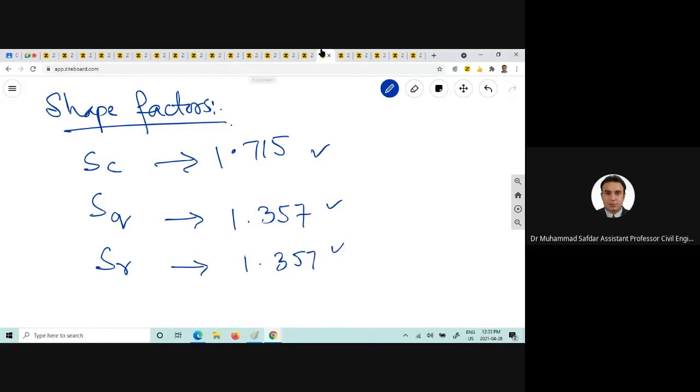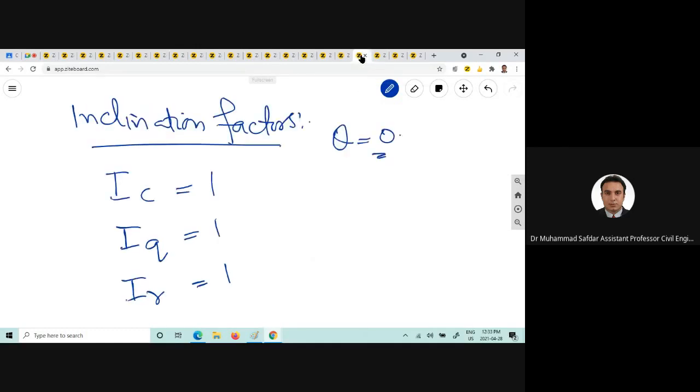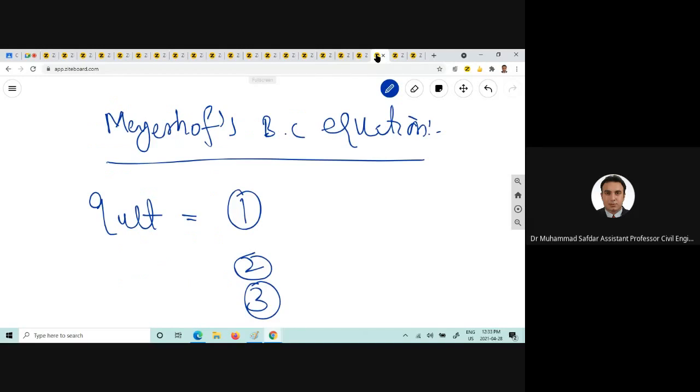Then Sc, Sq, and S gamma values. Here, these are the shape factors. Then these are the values for the depth factors. Inclination factors. Now we need to find out the Meyerhof bearing capacity. We use the Meyerhof bearing capacity equation and we will find out the bearing capacity.